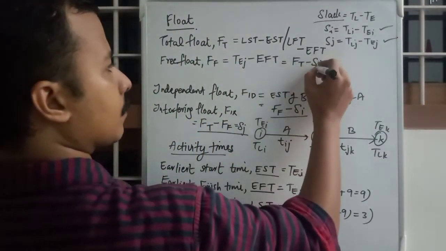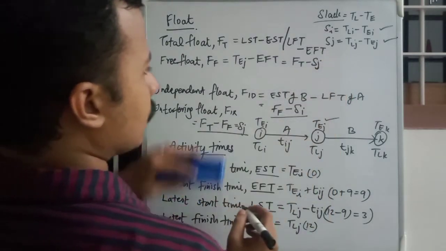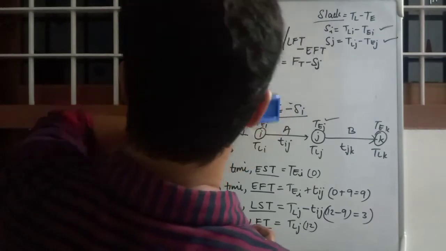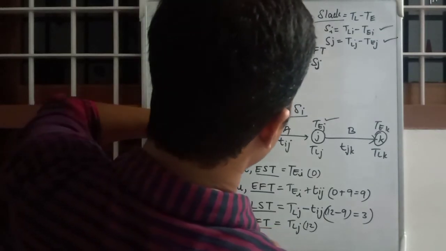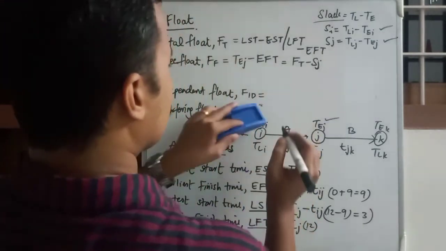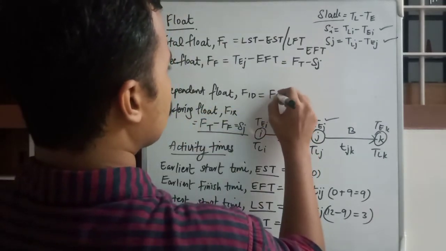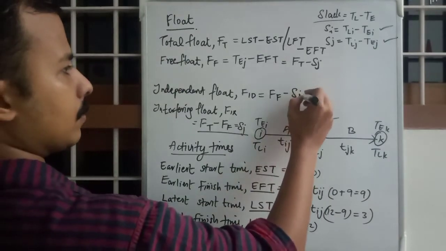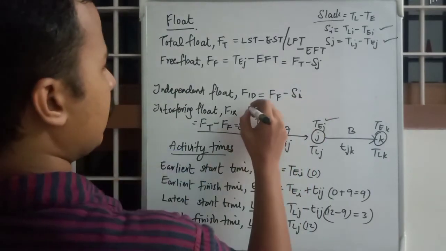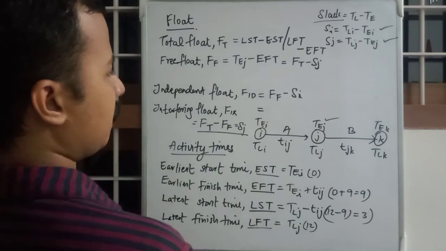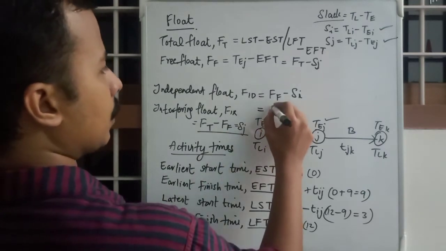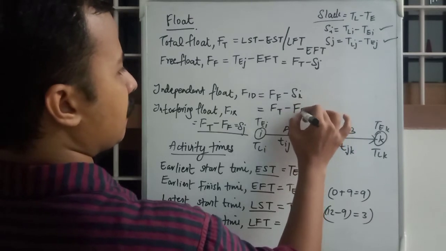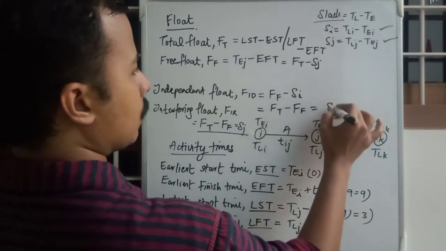Okay, and free float, independent float will be free float minus SI, and interfering float FIR is equal to FT minus FF or SJ.